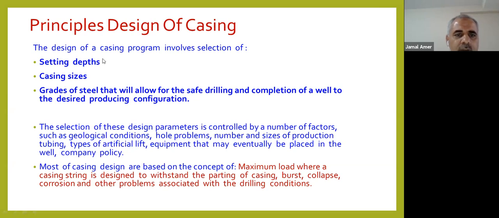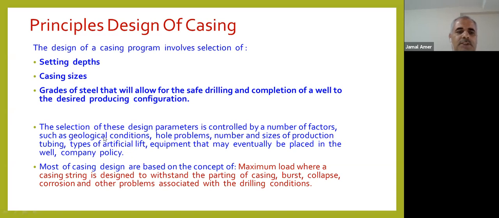So casing design includes these 3 things: setting depths, we will see it; casing sizes, we will see the casing sizes; also, we will see the grades of steel that will allow for a safe drilling and completion of a well to be drilled to the desired producing configuration.